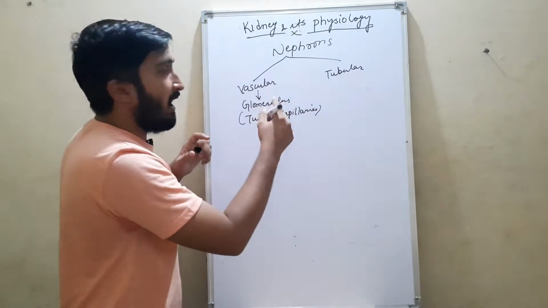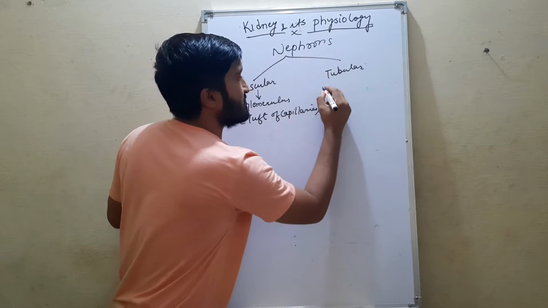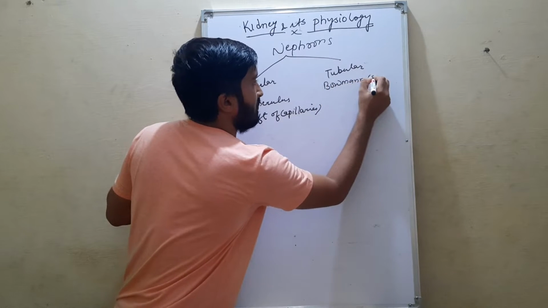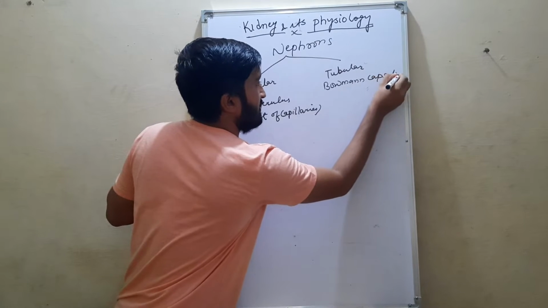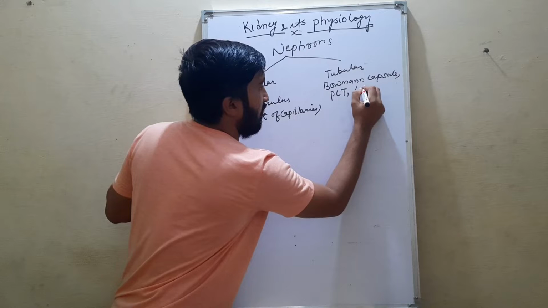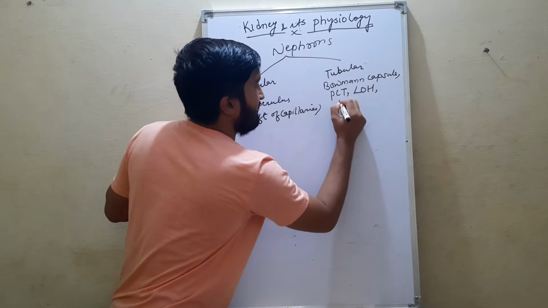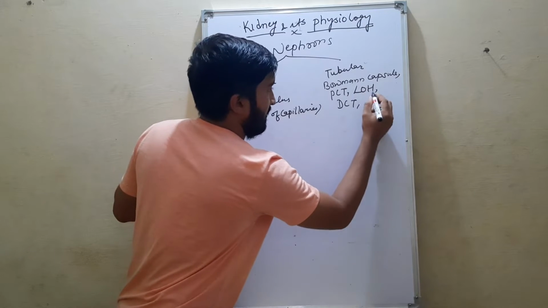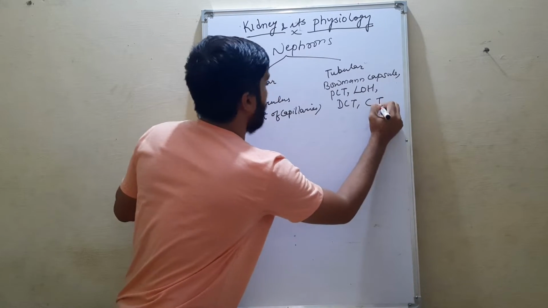And in the tubular part, the first one is the cup-shaped structure called Bowman capsule. Second is the proximal convoluted tubule, PCT, then loop of Henle, and then DCT, distal convoluted tubule, and at the last is the collecting tubule.